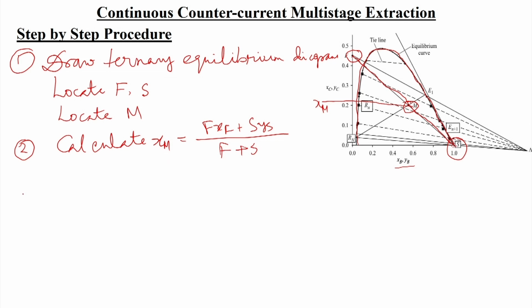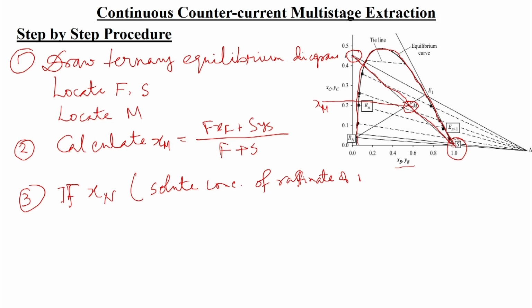Okay. So, then the third stage will be like this. If the solute concentration at the raffinate of the final stage is known, that is x n, the solute concentration of raffinate leaving the last stage, the raffinate of the nth stage, or the final stage, is known.